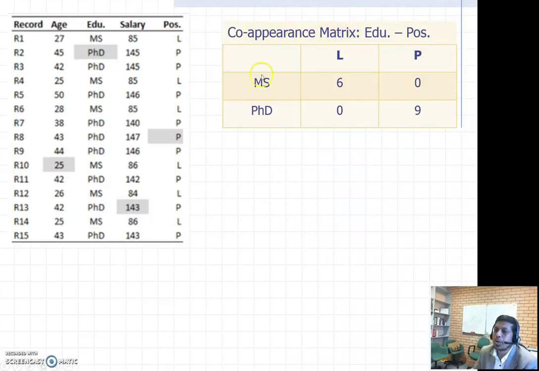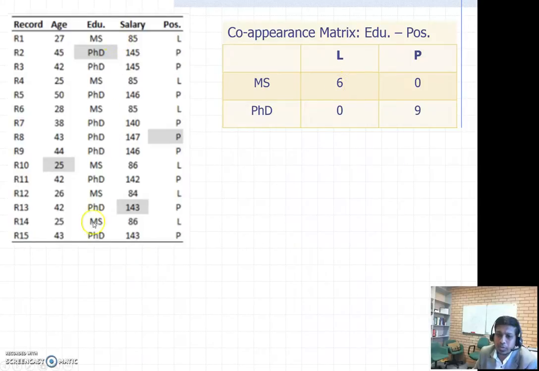We can build a coappearance matrix for every pair of attributes. In this example it is showing education and position, and we are calculating the coappearance between MS and L. L possibly means lecturer, P possibly means professor, whatever it is. So MS and L, what is the coappearance value for that?